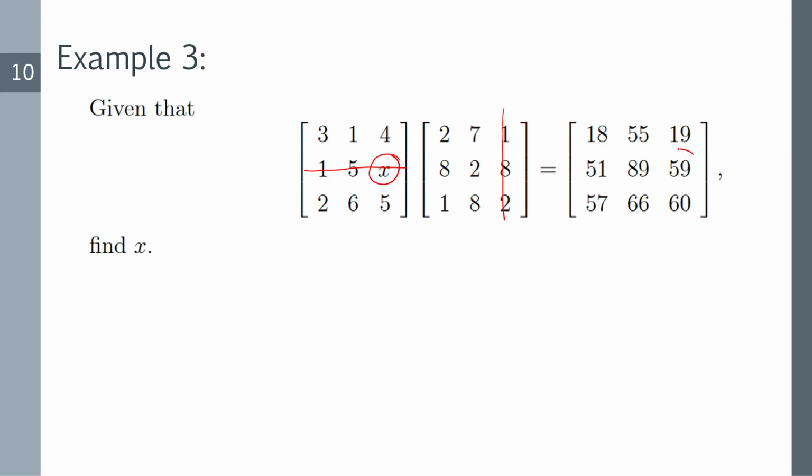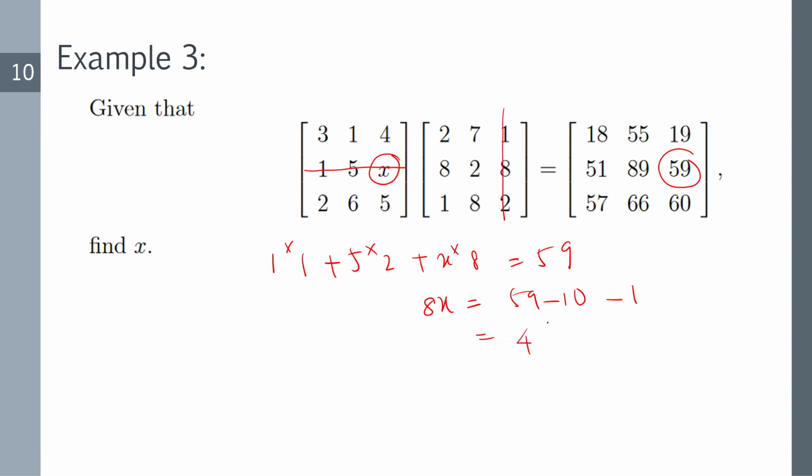So I will get this value. What I do is 1 multiply 1 plus 5 multiply 2 plus x multiply 8 equals 59. So I'm going to have my 8x equals 59 minus 10 minus 1, which is 48. So my x is 6.